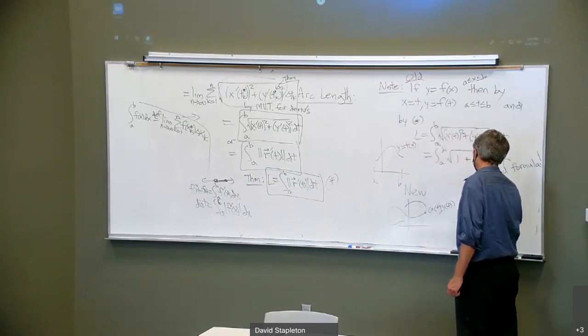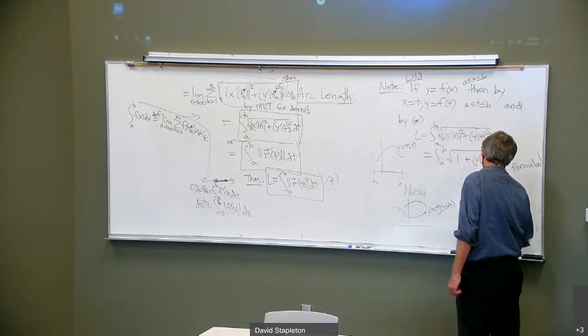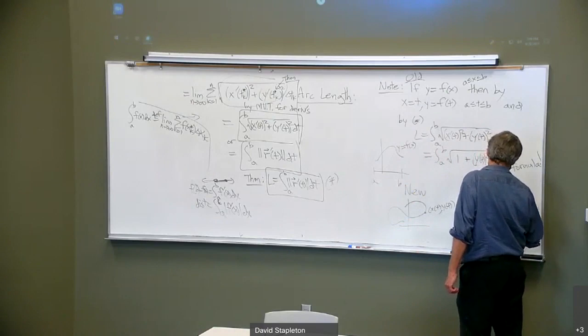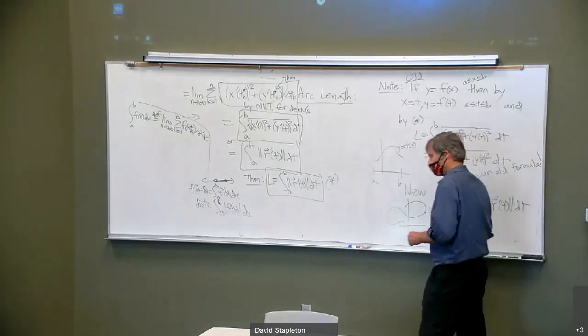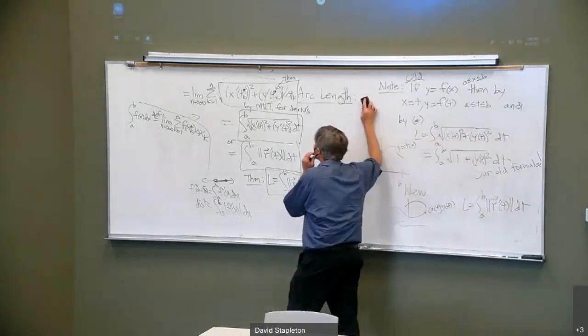The new one is L equals the integral from a to b of the length of r prime of t dt, and it's the same old formula if y is equal to f of x. So let's try one of those.